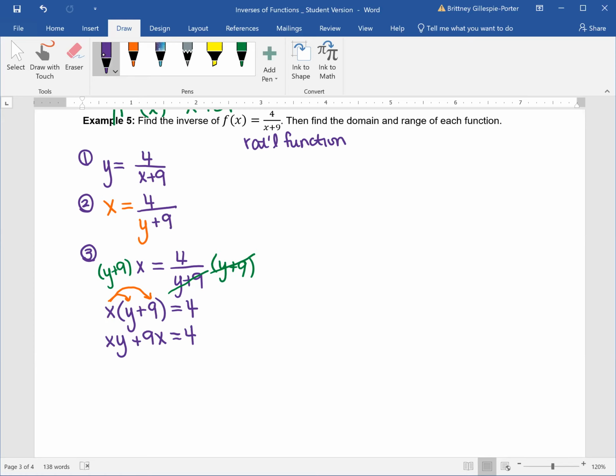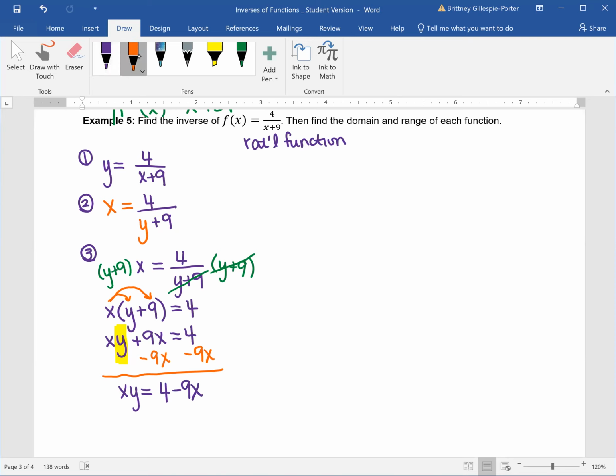And remember, we are trying to solve this equation for y, which means I need to get anything without a y to the other side of the equation. So I'm going to subtract 9x from both sides. I have xy is equal to 4 minus 9x.